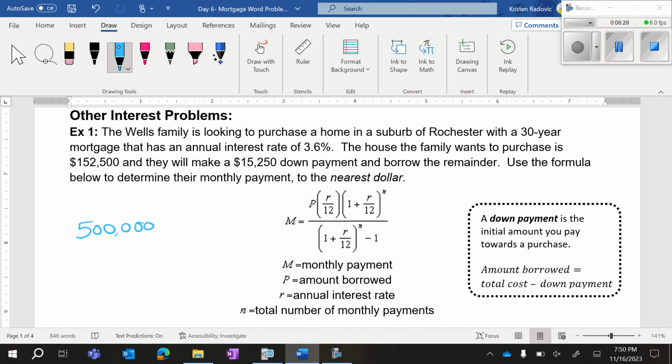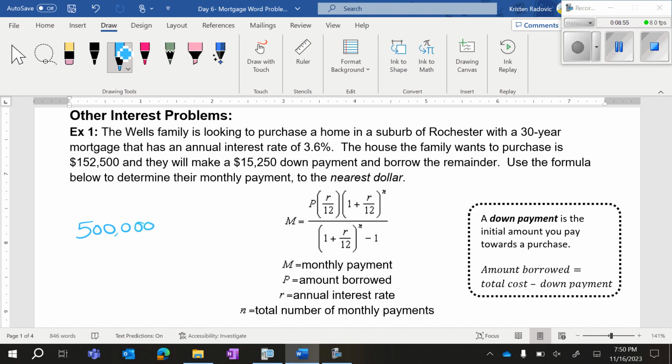So the thing is, the bank is not going to give you $500,000 for the house if it costs $500,000. They're going to say you have to pay something. So $500,000 is the sale price, but maybe you don't have $500,000, but you have $100,000.